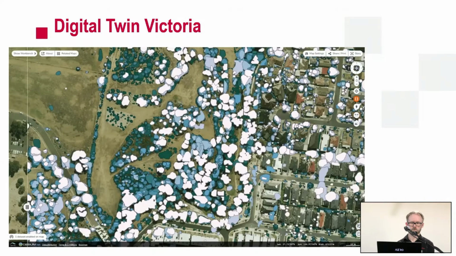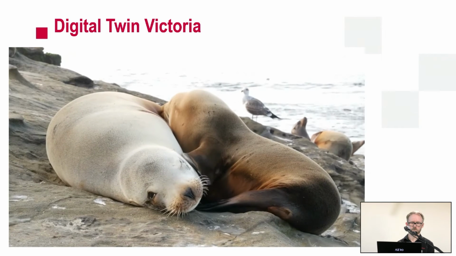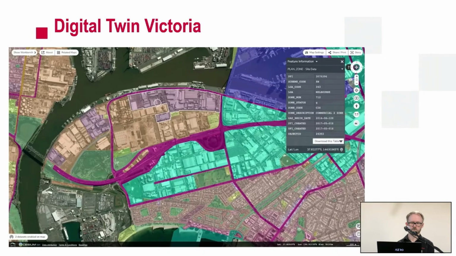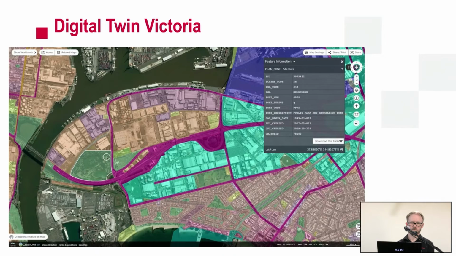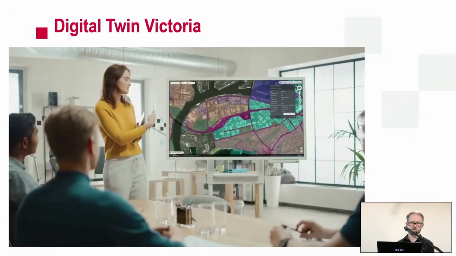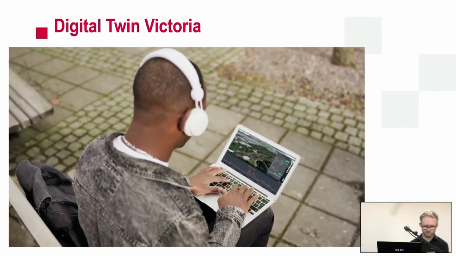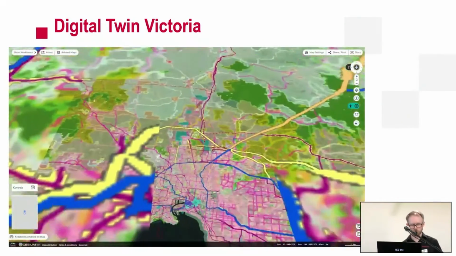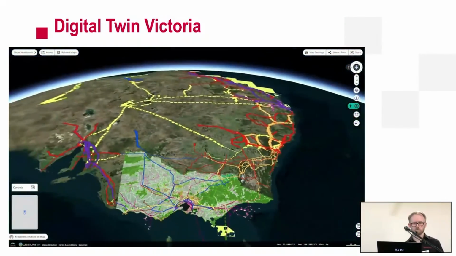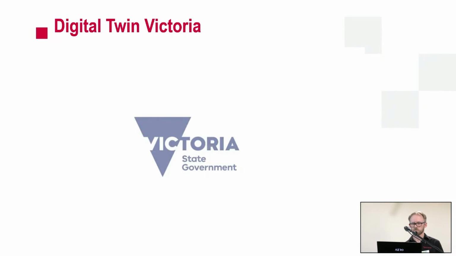You can even monitor vegetation growth and animal movements, helping us to locate and protect delicate habitats. Digital Twin Victoria doesn't just bring data together, it brings people together. For the first time, government, industry, academia and the community can use the same online platform, boosting productivity and collaboration, meaning better results for everyone. Find out more at land.vic.gov.au.